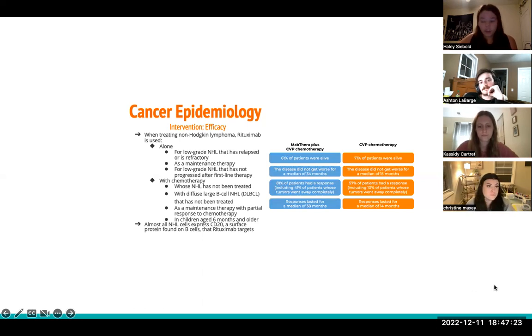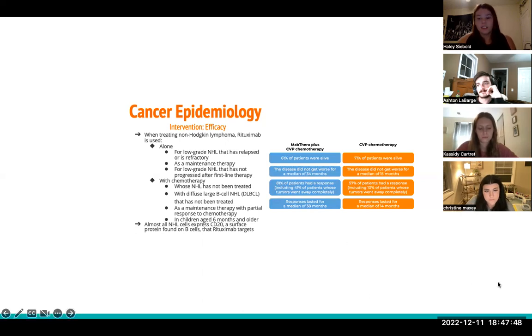We'll go over it a little bit later in this presentation in more depth, but as a general overview, almost all non-Hodgkin's lymphoma cells express a surface protein called CD20. It's found on all B cells, and rituximab targets these.